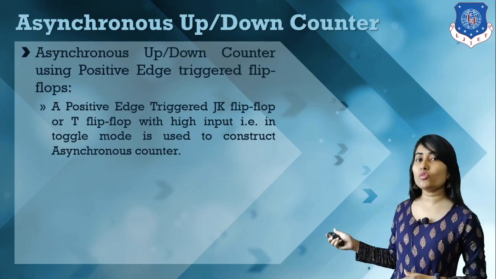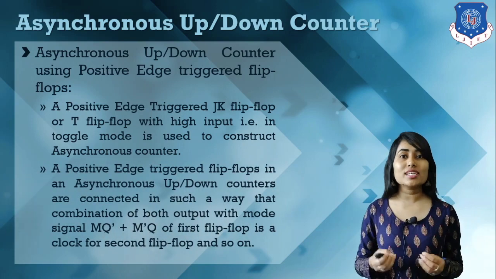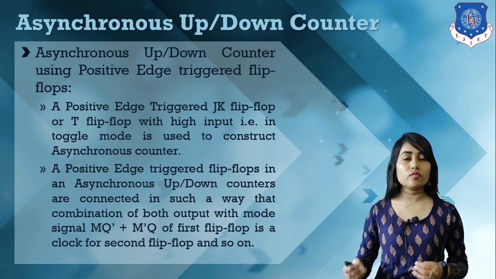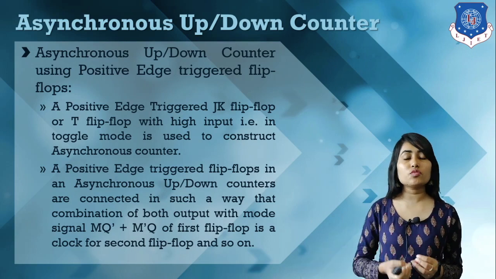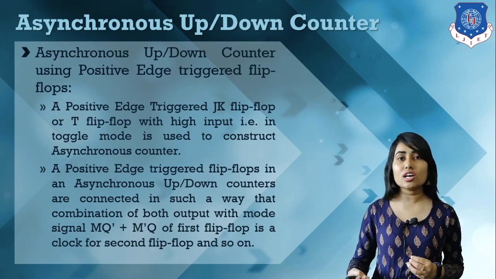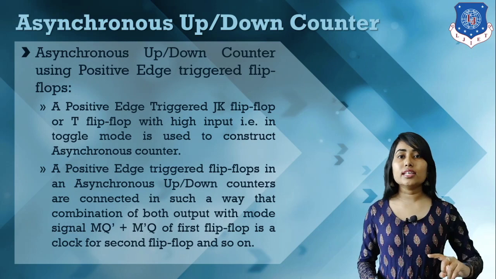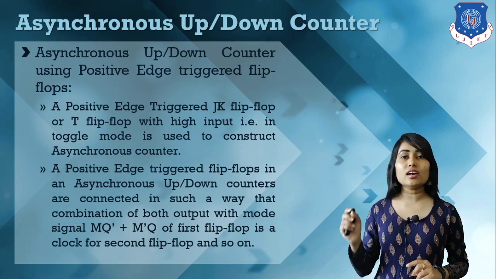Here also we connect our flip-flops in such a manner that the first flip-flop is triggered with the external clock signal, and then the second flip-flop is connected as a clock.